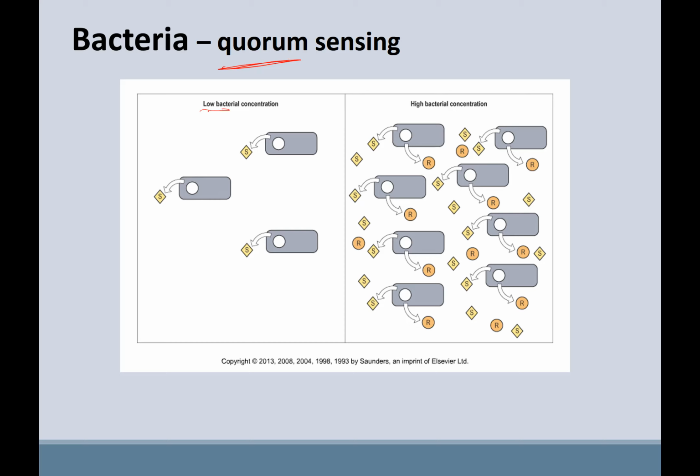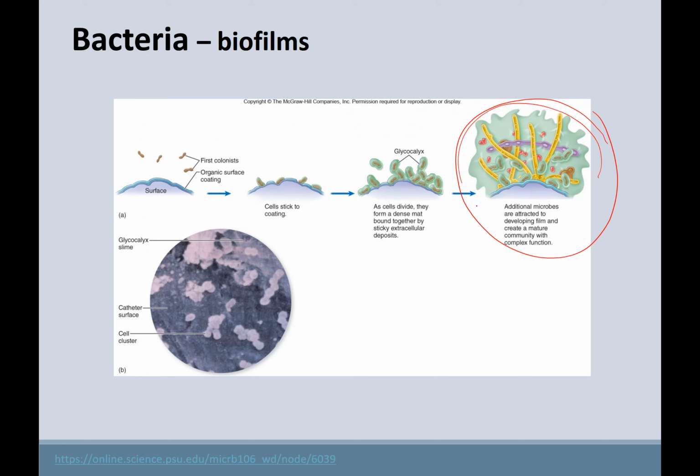So you see low bacterial concentration, they're producing things, there's not much reaction going on. But at a higher bacterial concentration, now the cells are signaling or communicating or telling each other, hey, express this, express that. And that's how you get this nice buildup of this biofilm layer and this protective coating that kind of keeps everybody in this community safe.